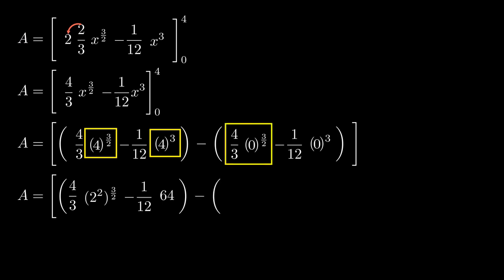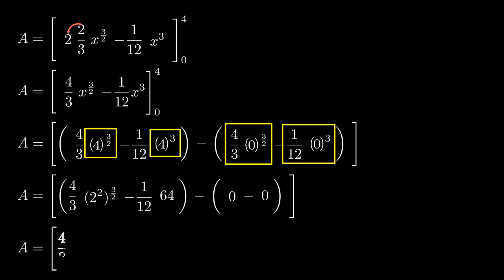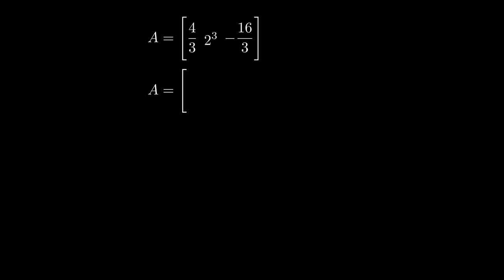Any number multiplied by 0 is 0. Simplify, we get 2 power 3, and 64 divided by 12. Simplify, we get 16 divided by 3. 2 power 3 multiplied by 4, we get 32 divided by 3.